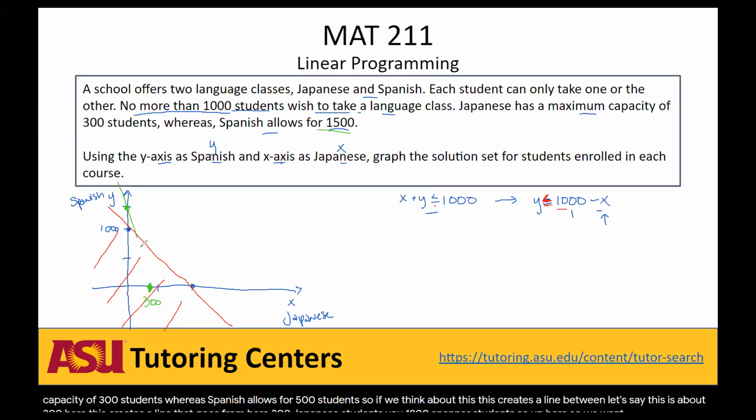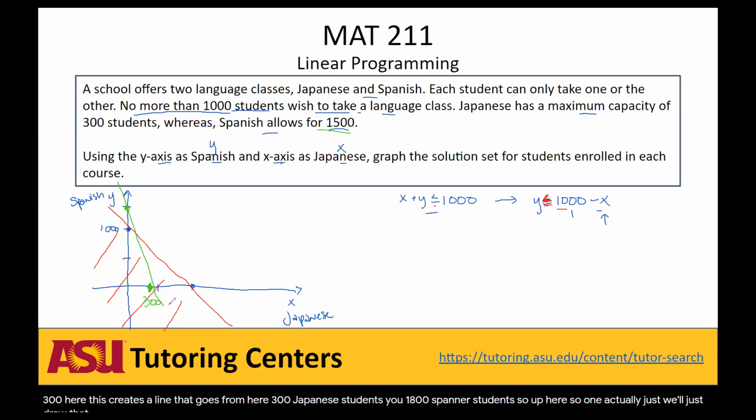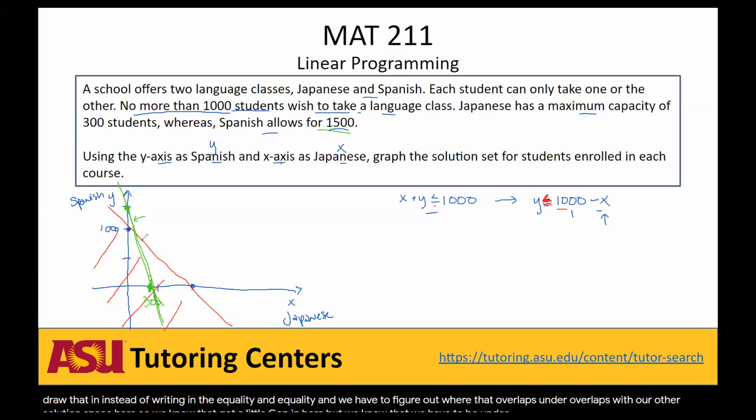So we'll just draw that in instead of writing in the inequality, and we have to figure out where that overlaps with our other solution space here. So we know that we've got a little gap in here, but we know that we have to be under 1,000 students.